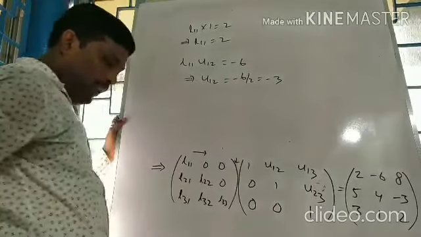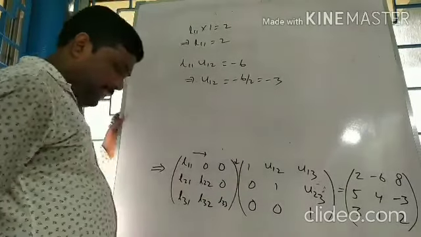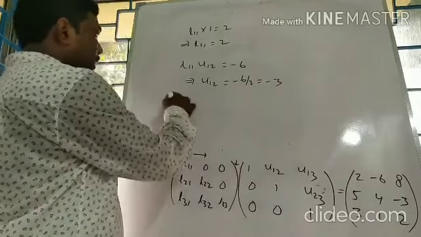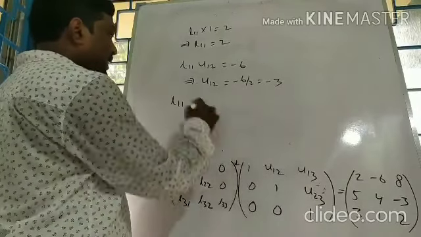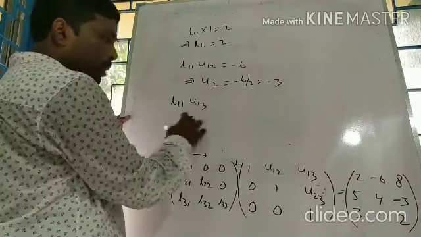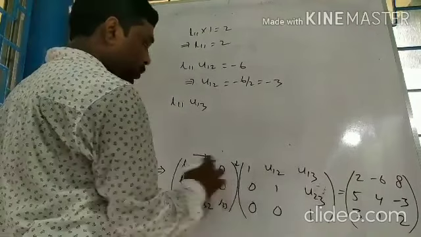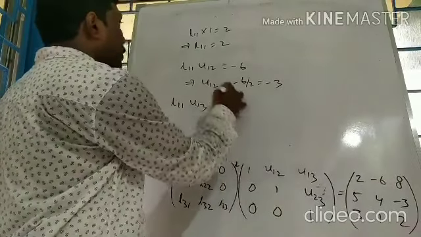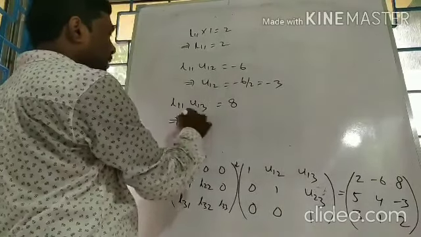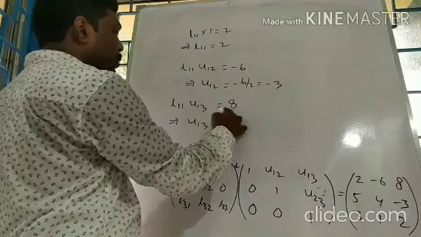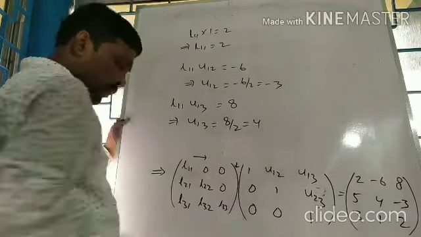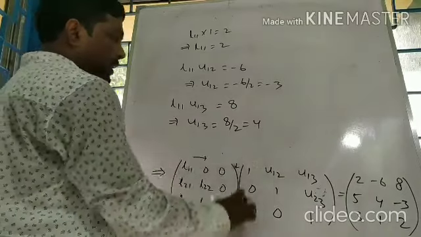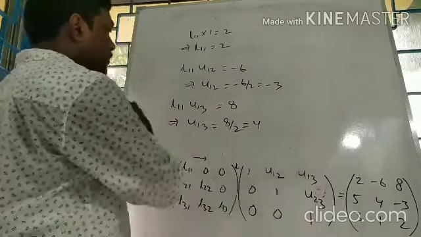Next, first row, third column: L11 into U13 plus 0 into U23 plus 0 into 1 is 8. So U13 is 8 by 2, it is 4. This is first row, first column, second column, third column.